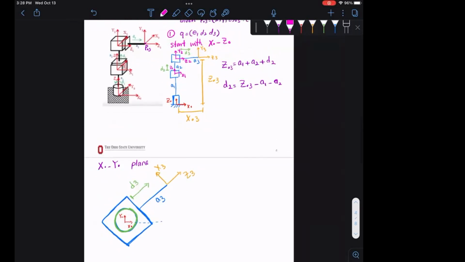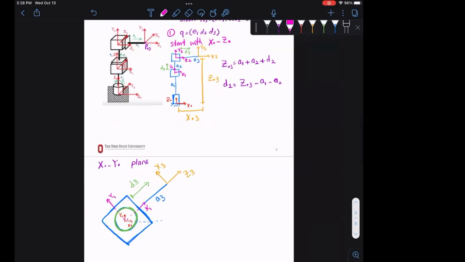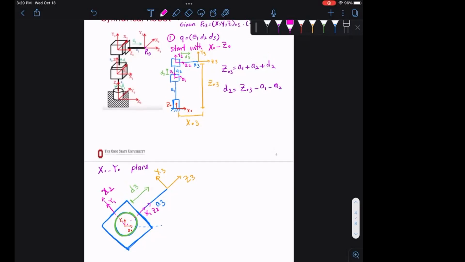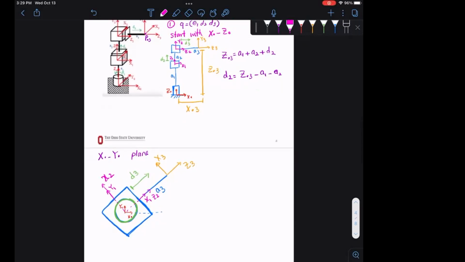So what I see from these two, X1, Y1, for one of them, so I'm going to show here X1, Y1, and for the other one, I'm going to just continue. That one's going to be X2, and then Z2 and X2. Okay. We also have to show theta 1, right?